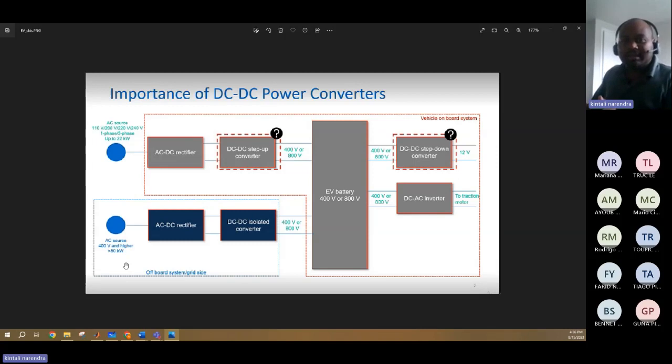After boosting, if you want the vehicle to run, you need to step it down to provide it to the other components in your vehicle, and also convert DC to AC to give it to your motor. So that's all about converters.